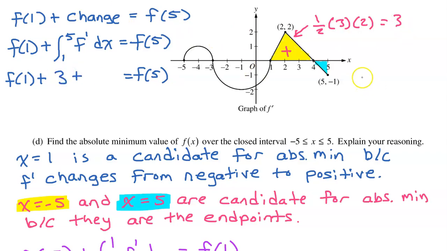And now the area of the small blue triangle. Again, 1/2 base times height, but the base and height are both 1. So this is just going to be 1/2. However, because this area is below the x-axis, it is a negative area. So we will actually subtract 1/2 in our calculation.